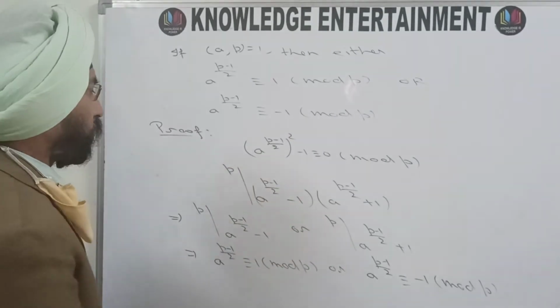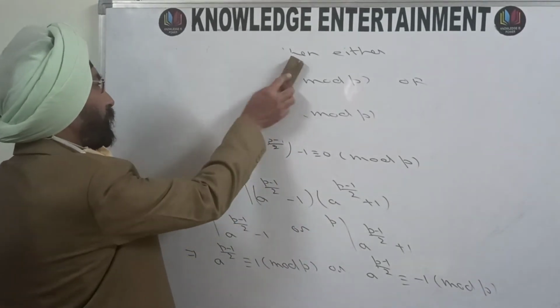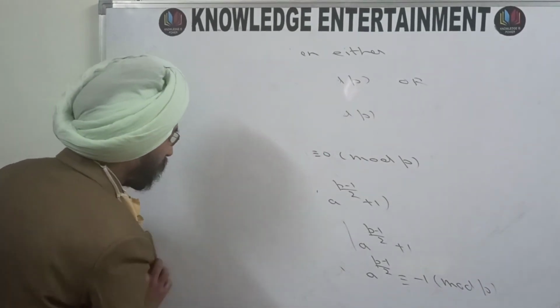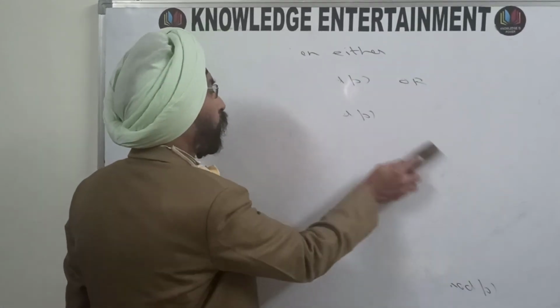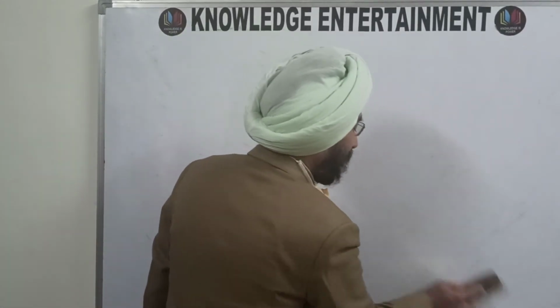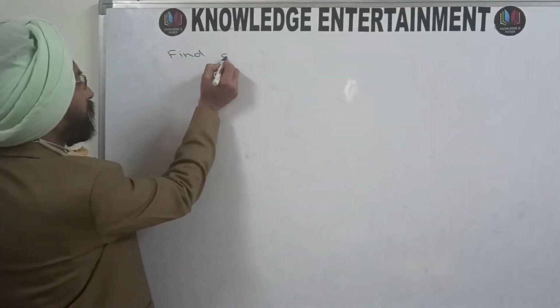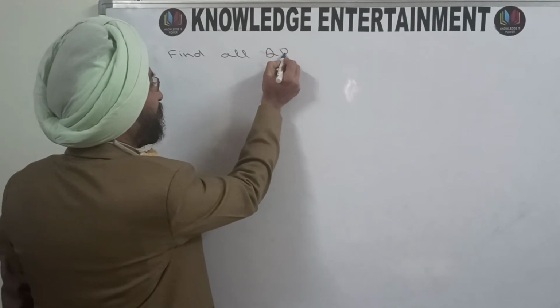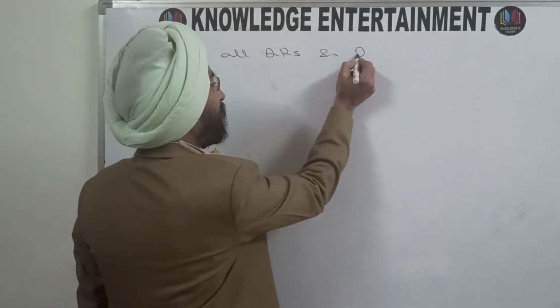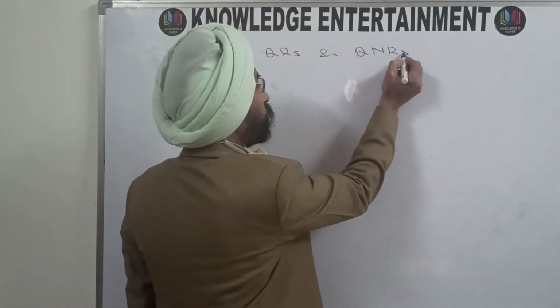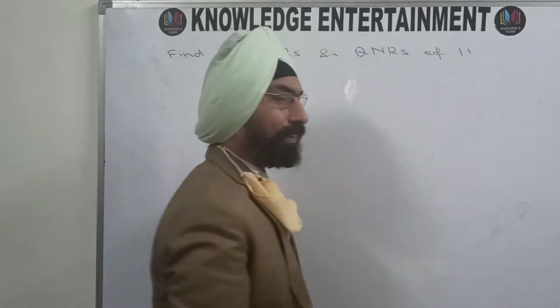And now one very general question: to find all the quadratic residues of a prime number. As I have told you earlier, let me find all the quadratic residues and quadratic non-residues of 11. So the question is, find all quadratic residues and quadratic non-residues of 11.